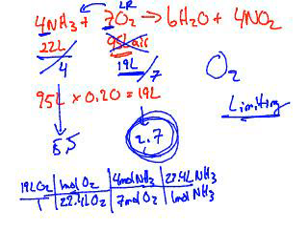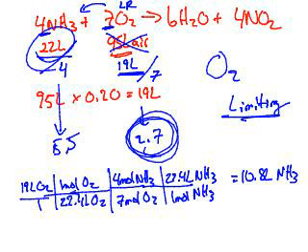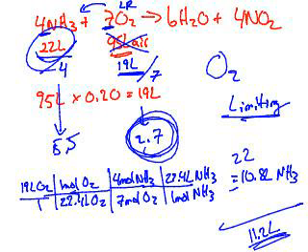And you get 10.8 liters of ammonia. So you started with 22, and 22 minus that gives you 11.2 liters left over.